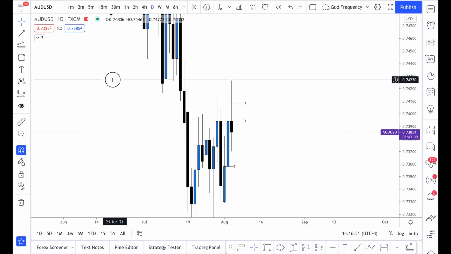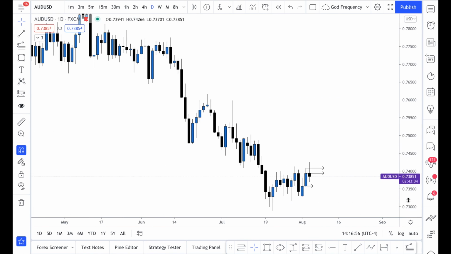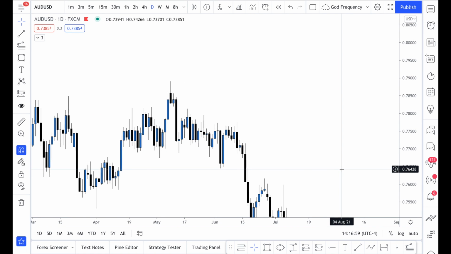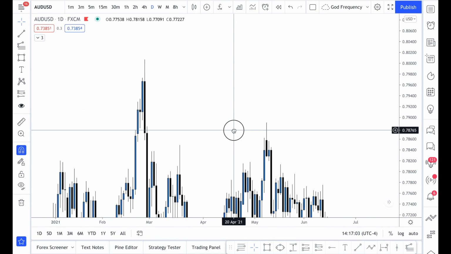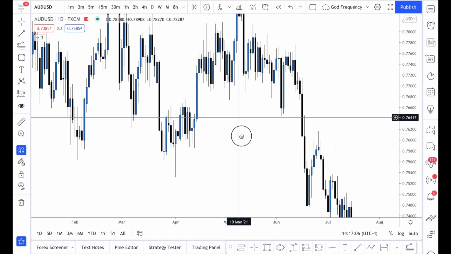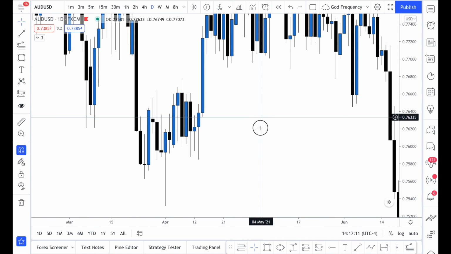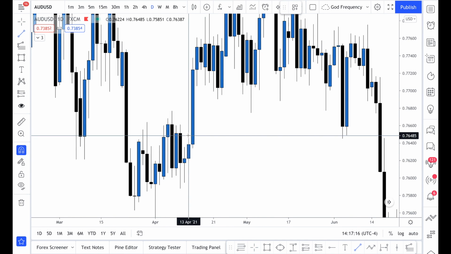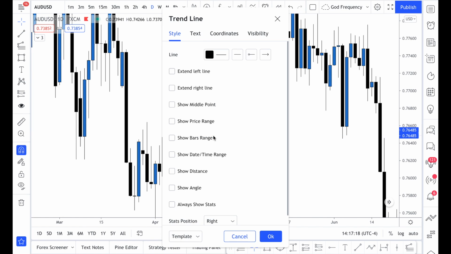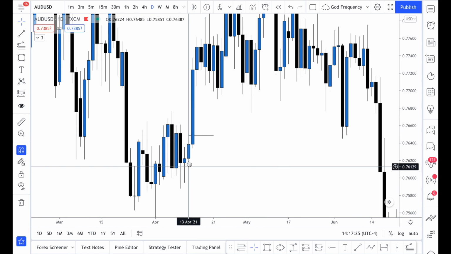Let me find a better example on the charts for you, actually. So look, this is a good example. Here we see on this day a high was made, and we had a low made.